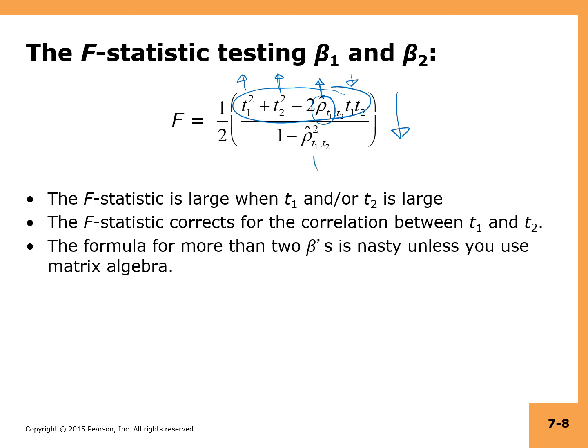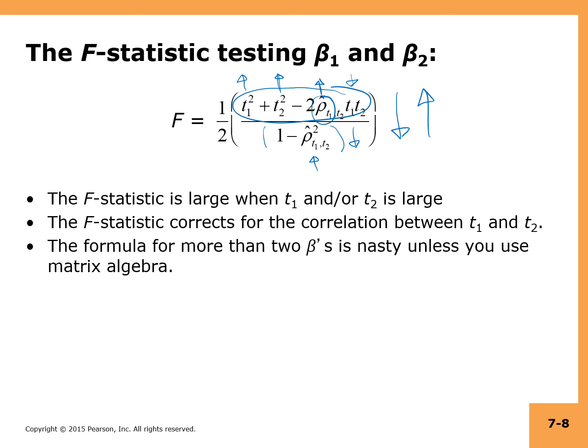But if rho is really large, that means the denominator is actually small, meaning there's an upward pressure on this F statistic. So the F statistic actually corrects for the correlation between the first test statistic and the second test statistic.